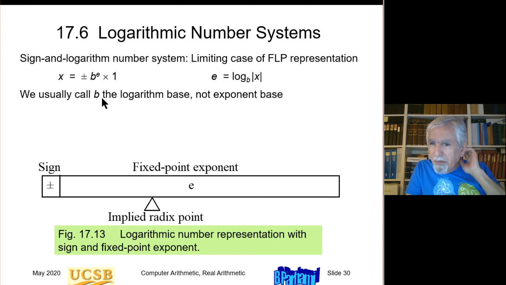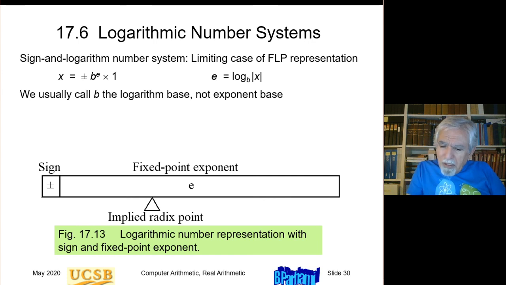So I can only represent numbers 1, 2, 4, 8, 16. That's not very useful. Therefore, e is taken to be a fixed point number with whole bits and fractional bits. And this radix point is implied, at a particular position within the field E.